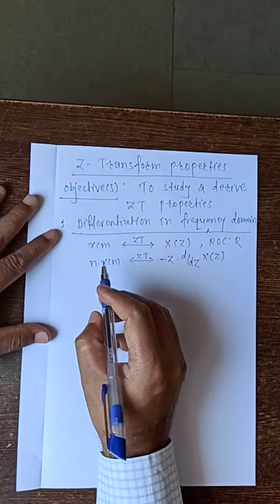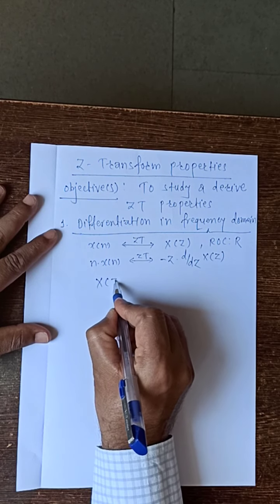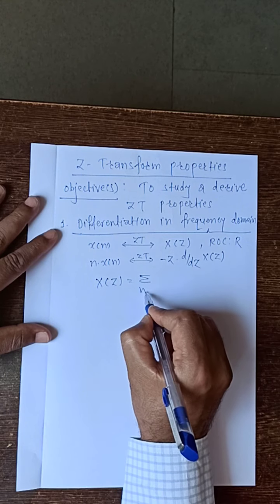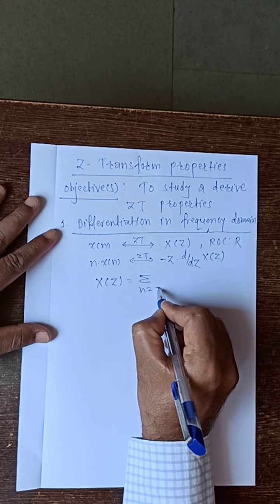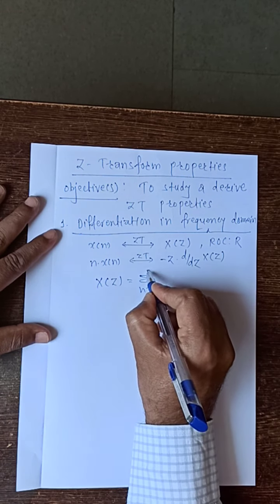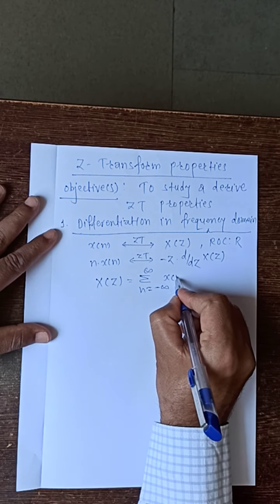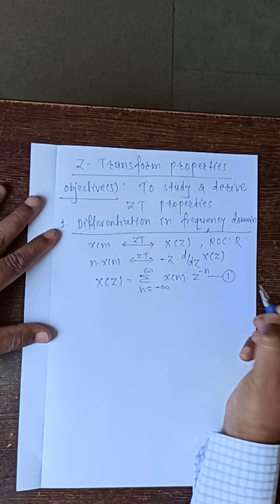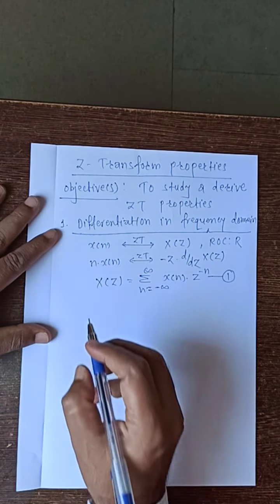Let us prove this property. The definition of Z transform X(z) is equal to summation n equals minus infinity to plus infinity x[n] z raised to minus n. Let it be equation number 1.